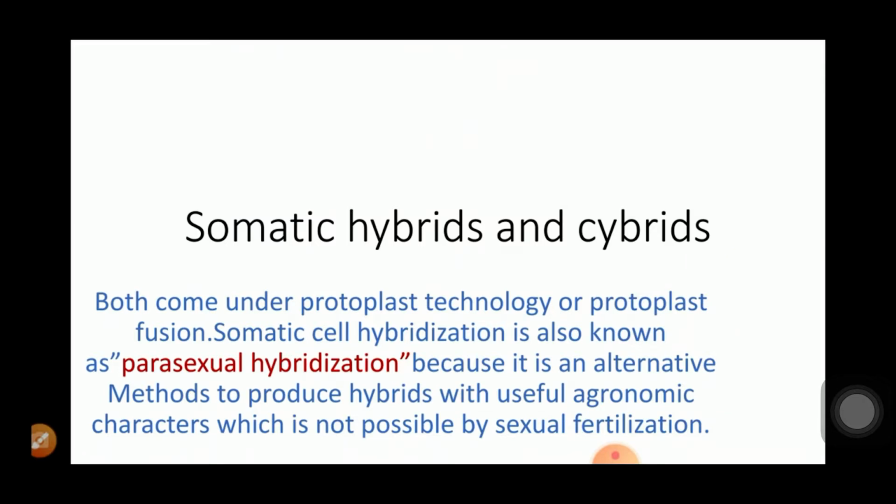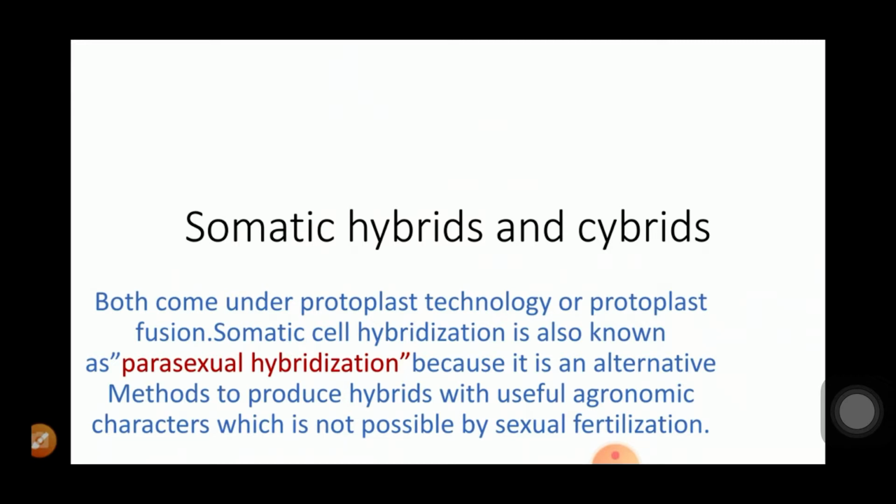What is the literal meaning of protoplast culture? You must know that protoplasts are plant cells without a cell wall, and these protoplasts also contain cytoplasm, nucleus and other cell organelles.